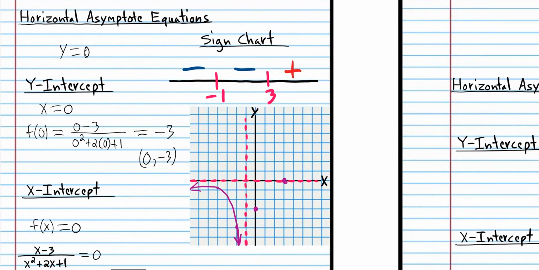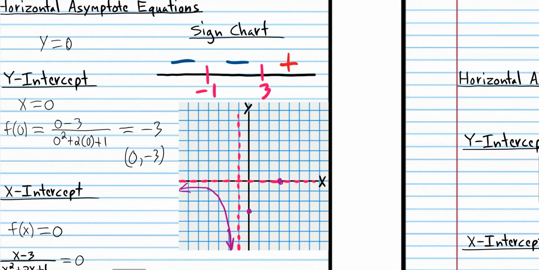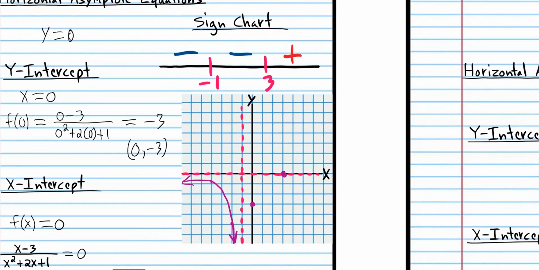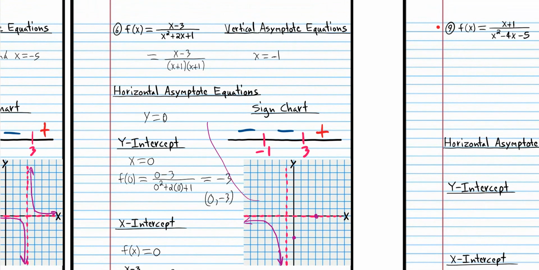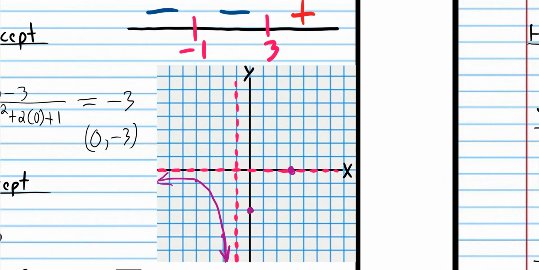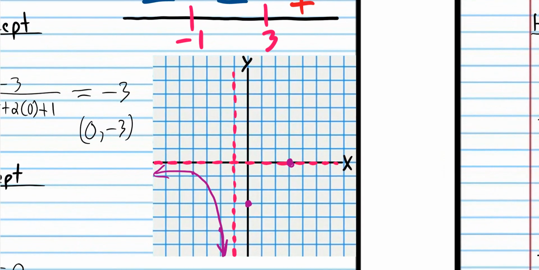Okay, and let's plug in 1, 2, 3, 4, 5, 6. Let's plug in 6 and see what we get with that. So that would be 3/49. So that's a pretty small number. It's pretty close to the x-axis.